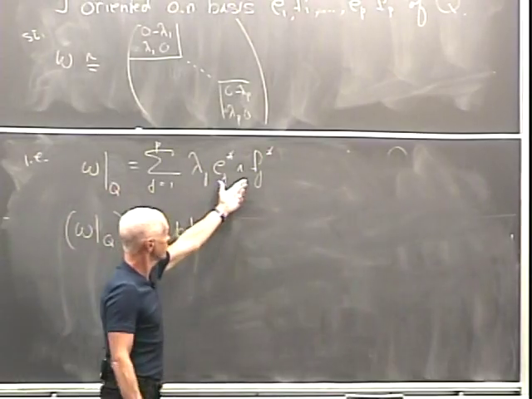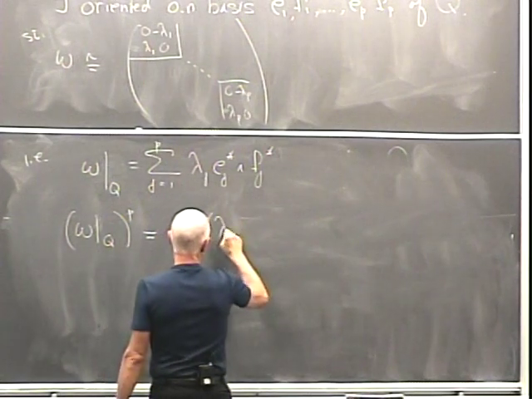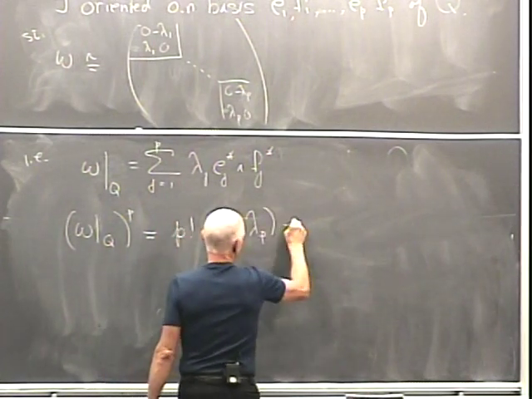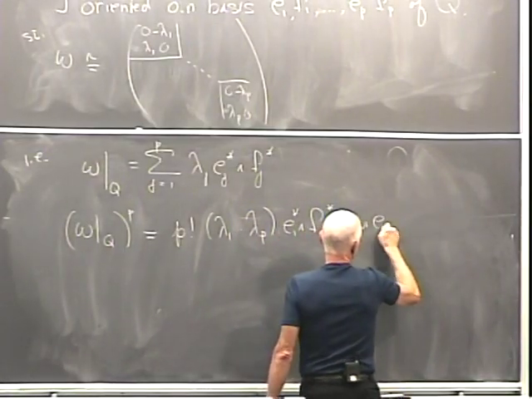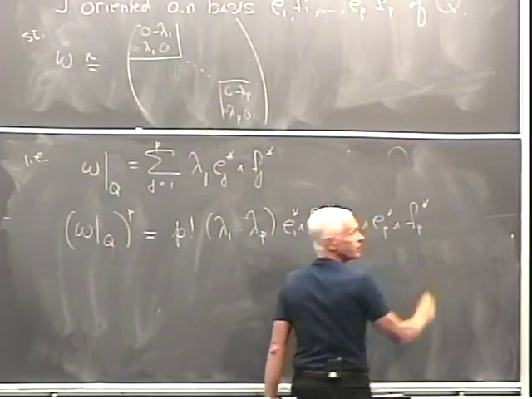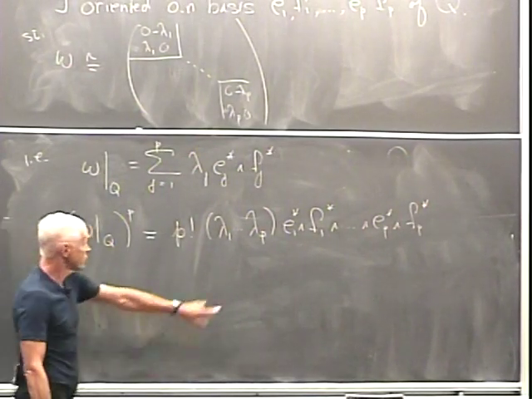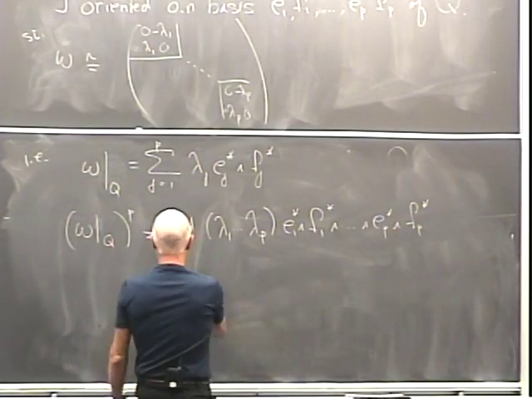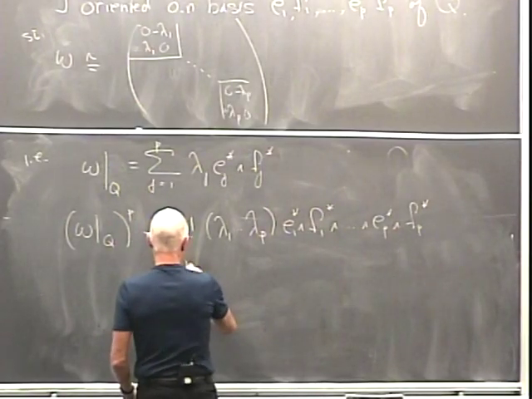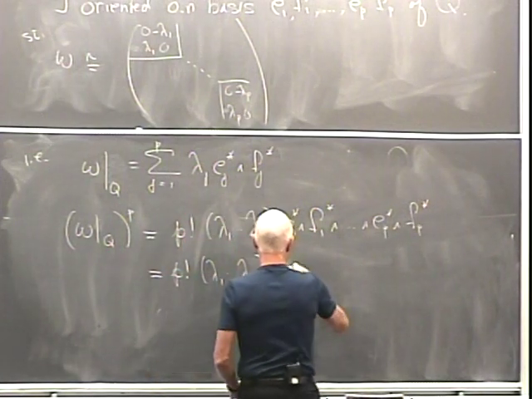All the various permutations of these terms will appear exactly once, and then you get lambda 1 up to lambda p, and here you get E1 star, F1 star, up to Ep star, Fp star. Well, this is the oriented volume form, because we chose an oriented basis. So this is p factorial, lambda 1 up to lambda p times the oriented volume form.